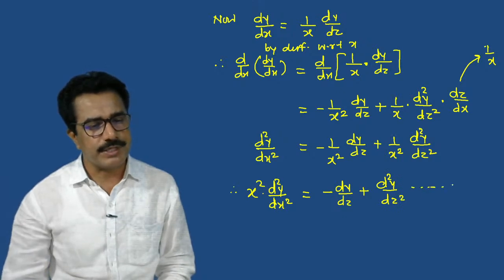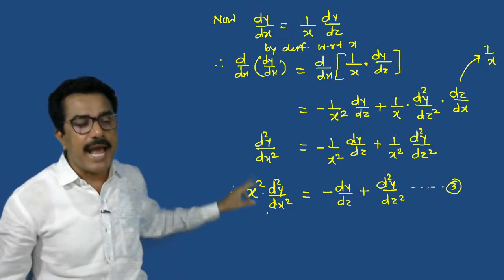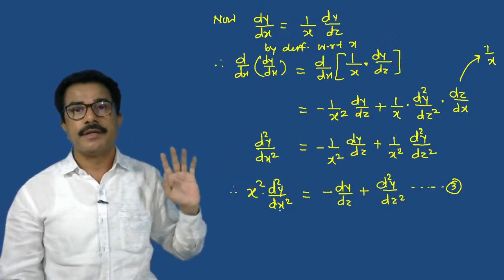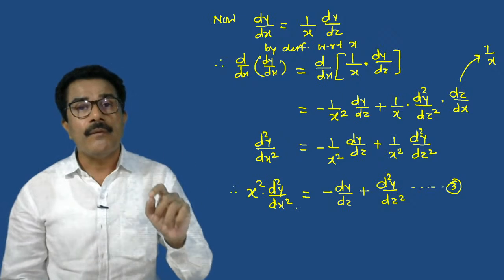Suppose this is equation number 3. This is like x square into y double dash.